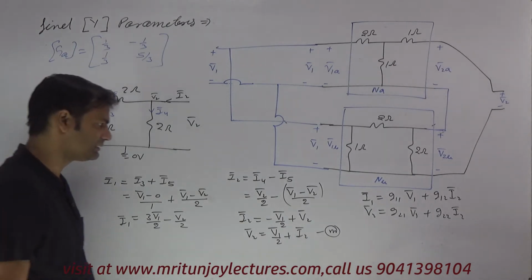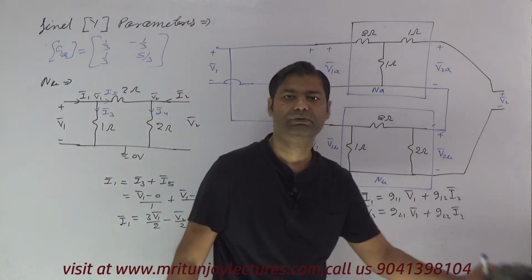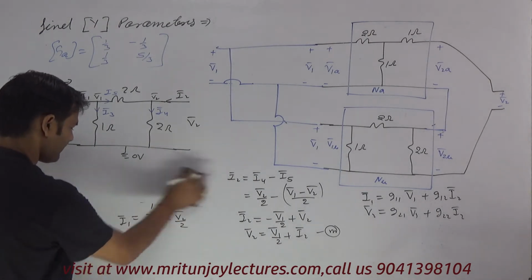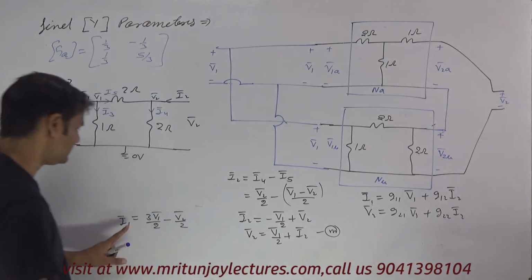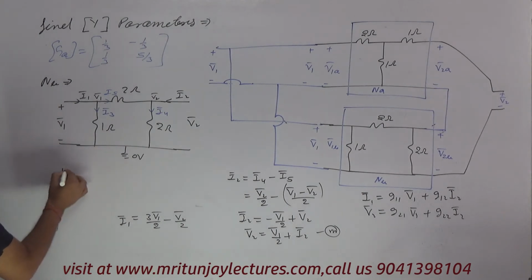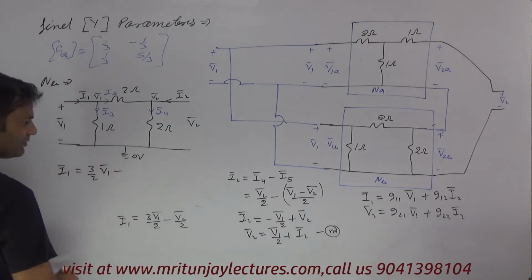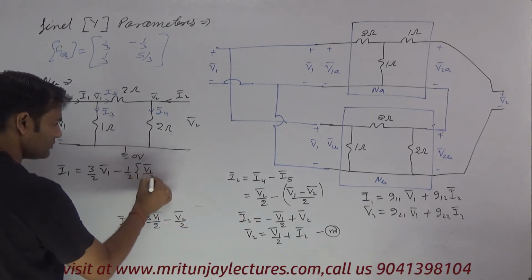Now our next target is I1 in terms of V1 and I2. How can we achieve this? I know that I1 is equal to 3 by 2 into V1 minus V2. Put here V2 as V1 by 2 plus I2.